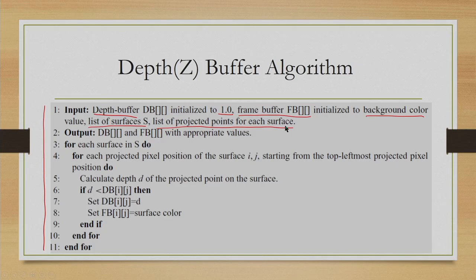All these are input, and output is the depth buffer and frame buffer with appropriate values. That means, the depth buffer value will keep on changing and the frame buffer will contain the final values at the end of the algorithm. So, for each surface in this surface list, we perform some steps.